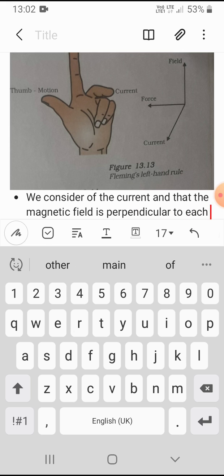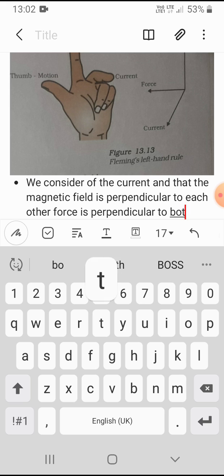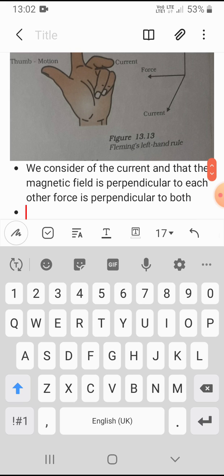He said that magnetic field and current are perpendicular to each other, and the force is perpendicular to both the magnetic field and current. This is called the left hand rule.